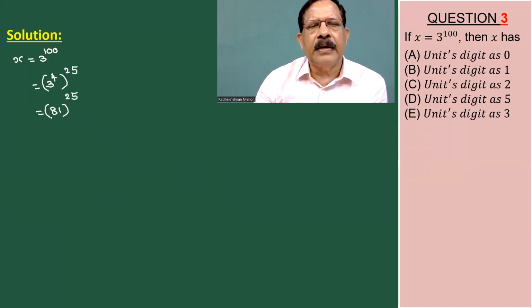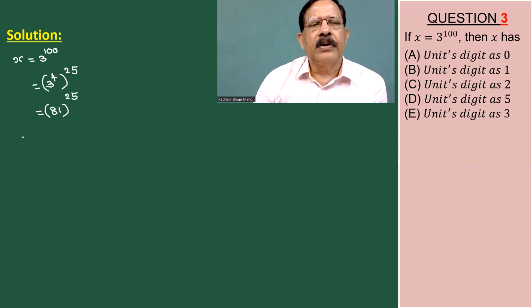Now, when 1 is appearing in the base, however many times we multiply, the digit in the unit place will be 1 only. When you multiply 81 as many times as you want, the digit appearing in the unit place will always be equal to 1.